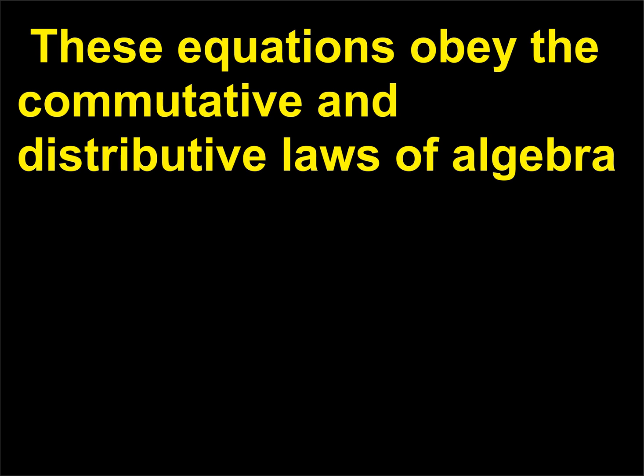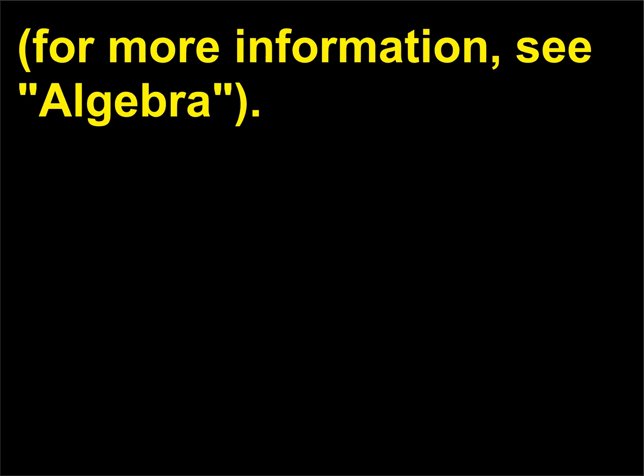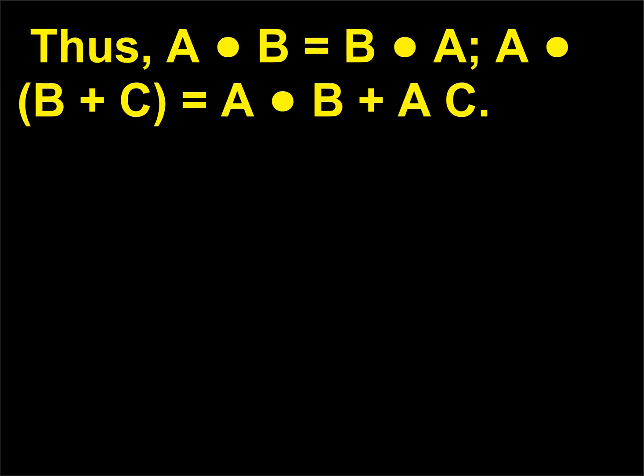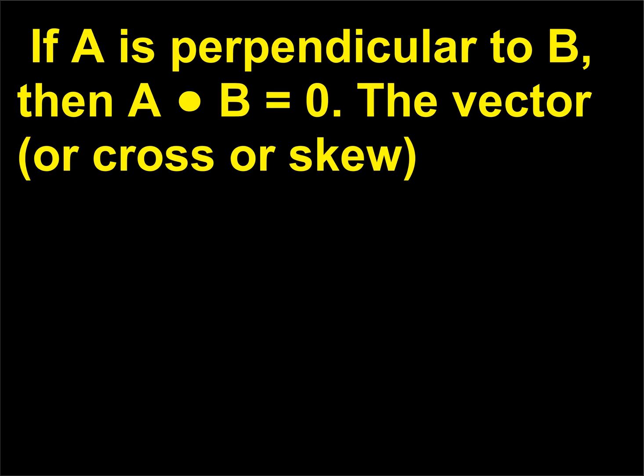These equations obey the commutative and distributive laws of algebra. For more information, see algebra. Thus, A·B = B·A, and A·(B + C) = A·B + A·C. If A is perpendicular to B, then A·B = 0.